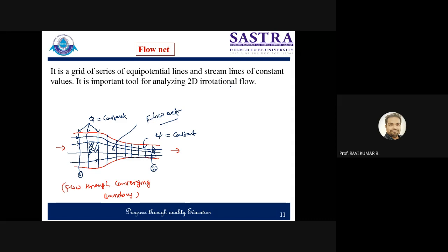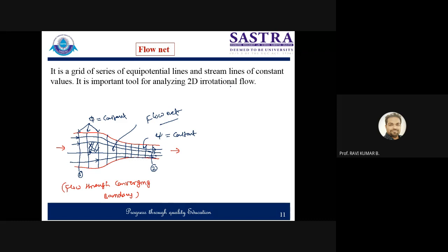But in the equipotential lines, as these do not show the direction, three-dimensional flow geometry is also possible. In the case of the streamline concept, only two-dimensional flow is possible. Either you can consider x and y, or x and z, or z and y.